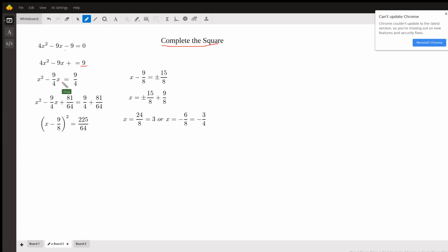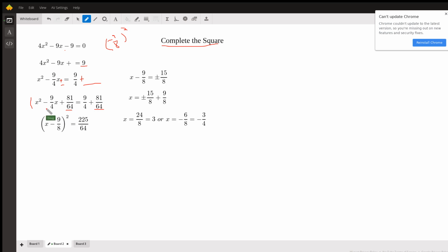To complete the square, kind of picture the little placeholders here. Take half of b, which would be negative 9/8, squared, 81/64. That's what completes the square. So I have to add 81/64 to both sides.